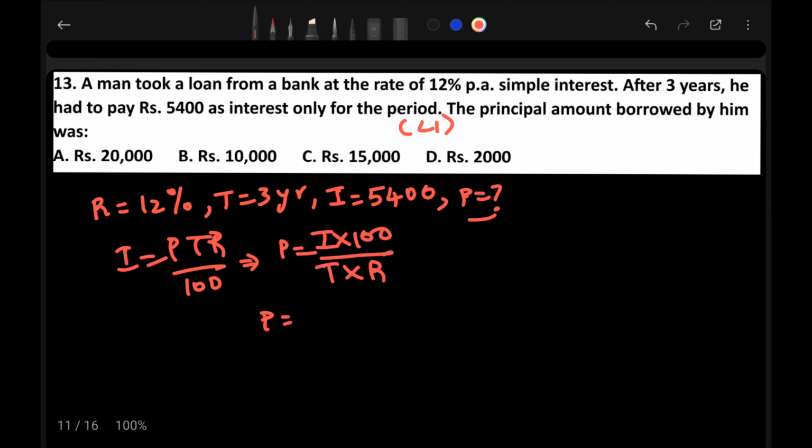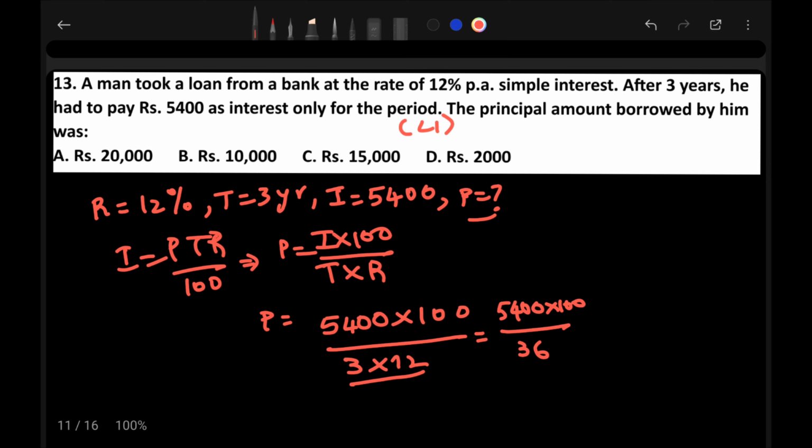Now 5400 into 100 by 12: 3 fours are 12, 9 6s are 54, 2 zeros. Now it is going to yield a principal amount of 15,000.